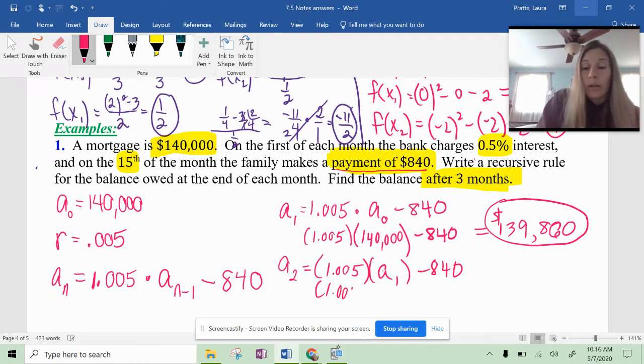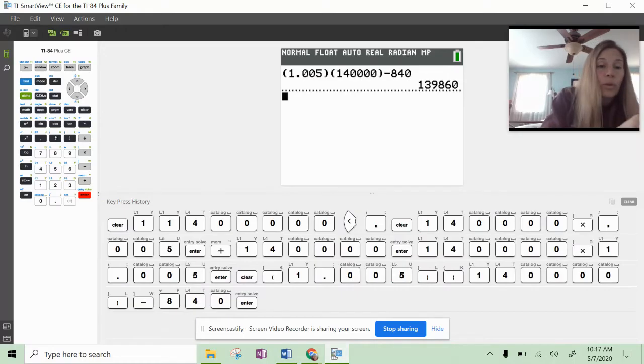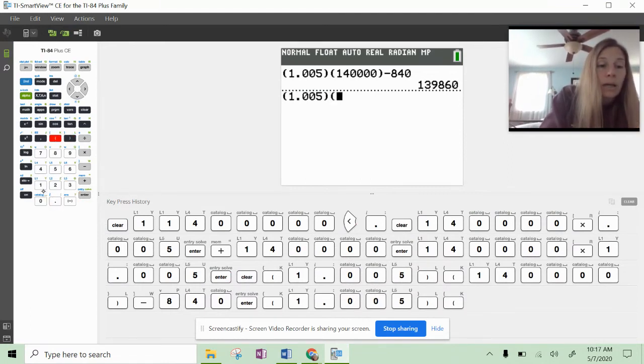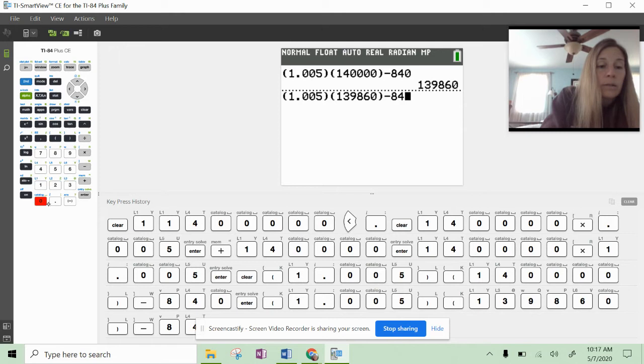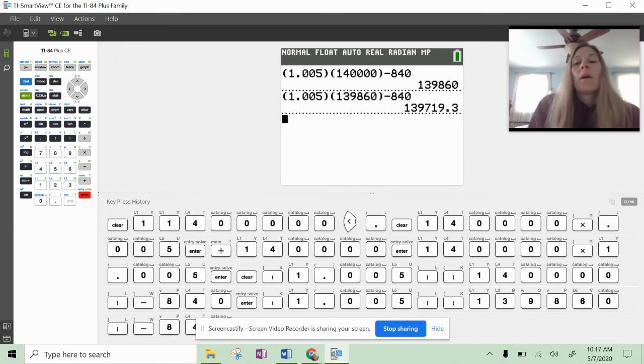This time we're taking that 139,860 as our input, so we would do 1.005 times 139,860 minus 840, because that's our payment. And we have 139,719.30.